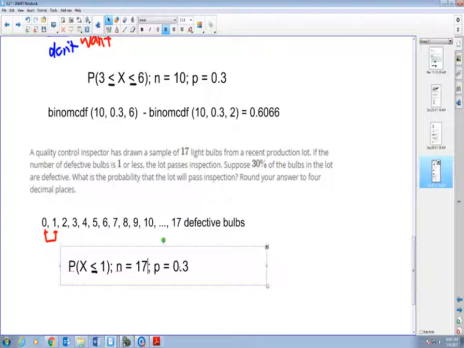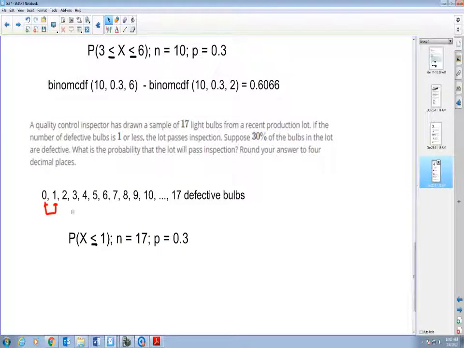Probability of success, okay, it's not the success of passing the inspection. It's just the probability of success of defective. So this 0.3, 30%, means defective. I want less than or equal to 1 defective bulbs.